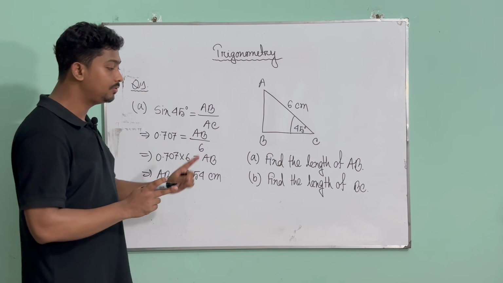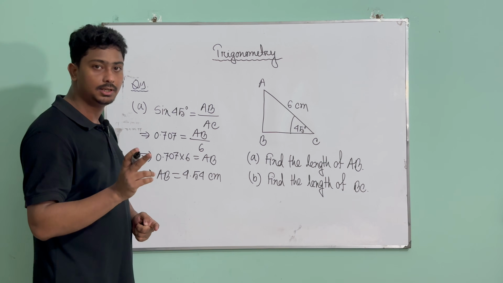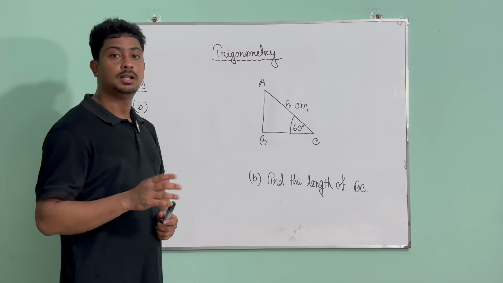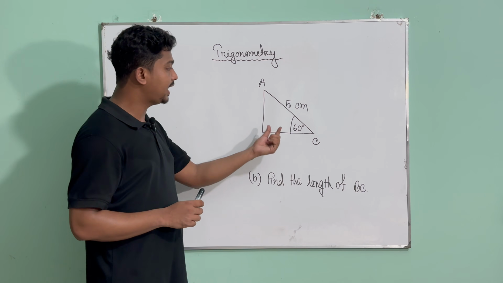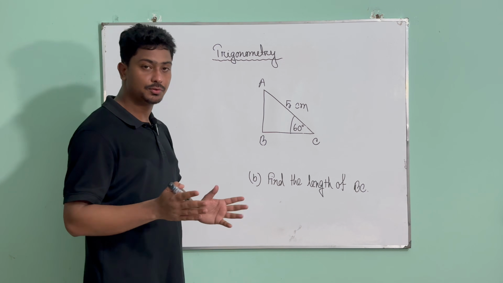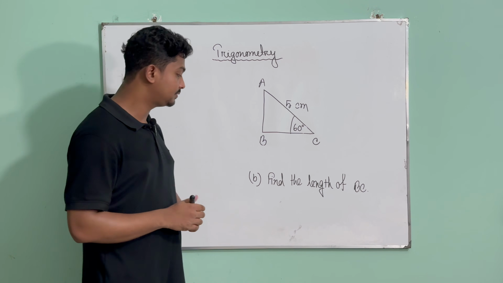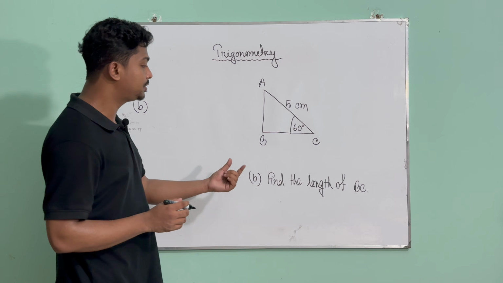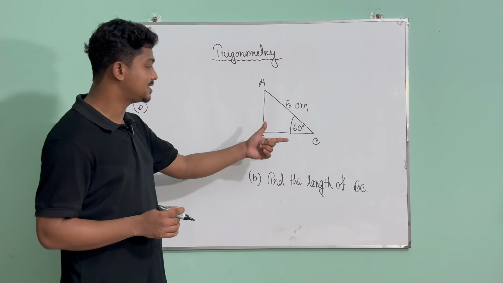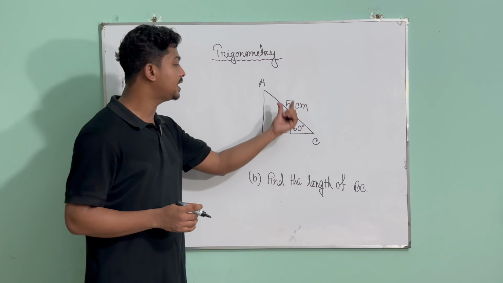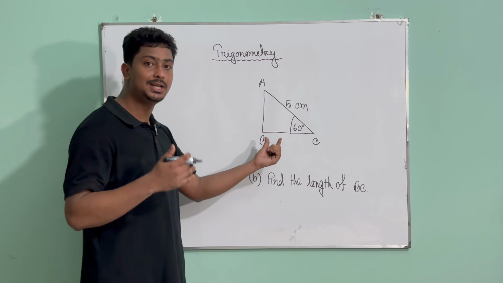Now let's solve question B and see how we can actually use the function to solve it. For B, I have changed the values a little bit, but it's okay. We're going to follow the same steps. What information have we been asked for? BC. Now what is BC, opposite or adjacent? BC is creating the angle with the hypotenuse, so BC is actually adjacent.